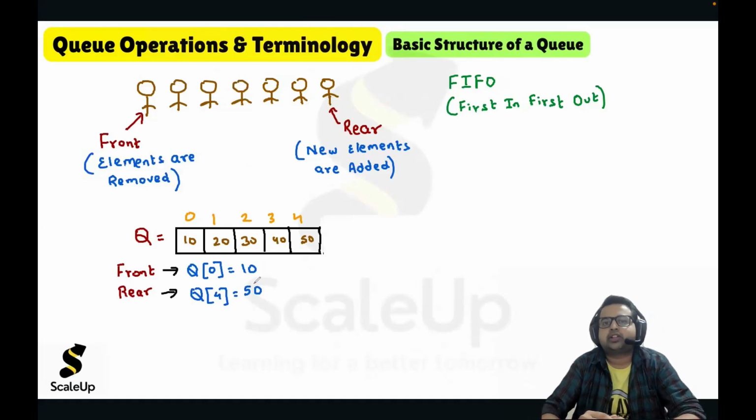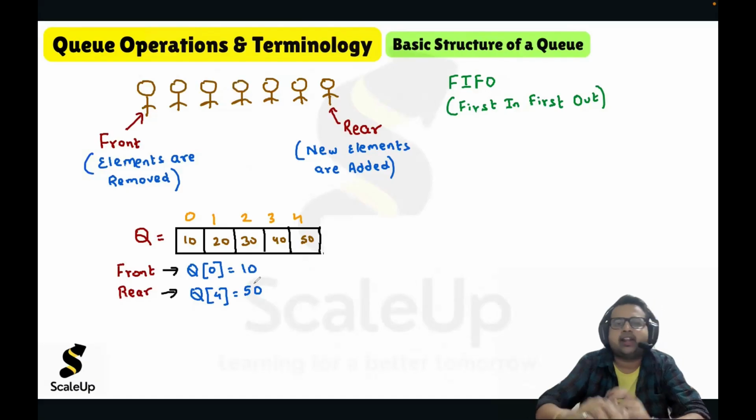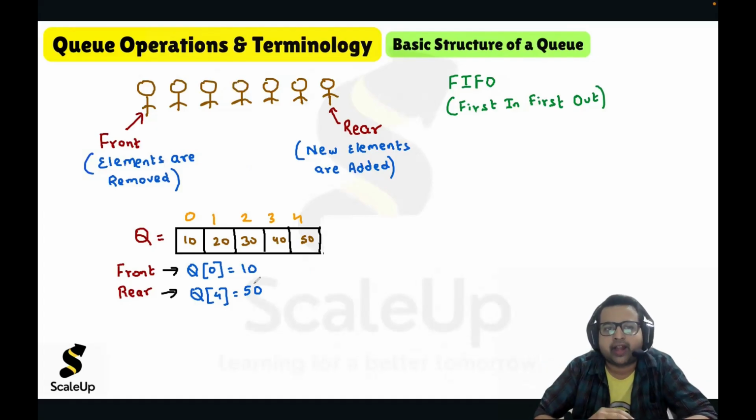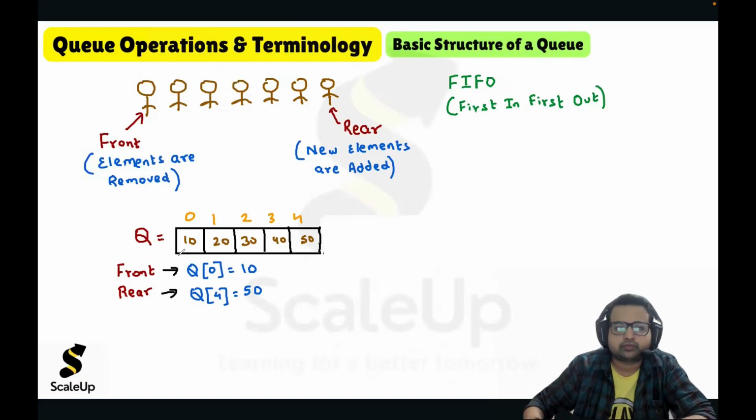So this is the basic structure of a queue. Whenever I talk about a queue data structure, the structure will contain the front and the rear, because these are the only points or positions at which we can interact in a queue.